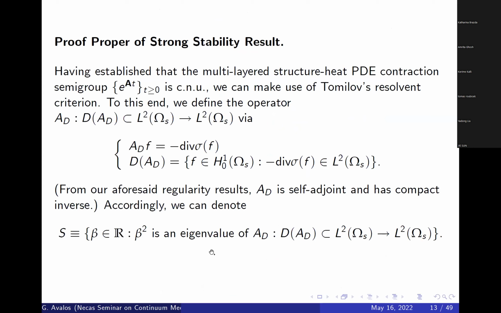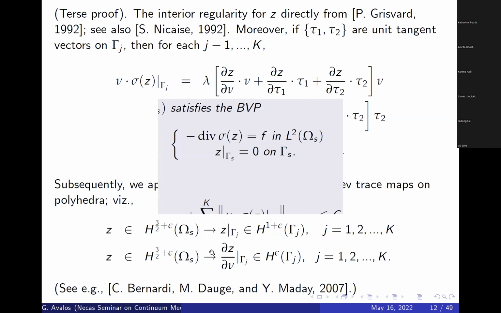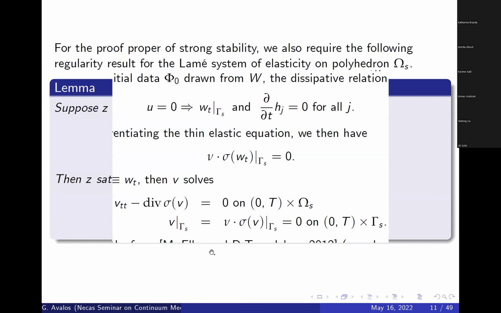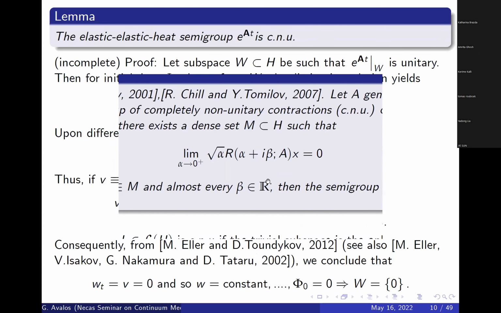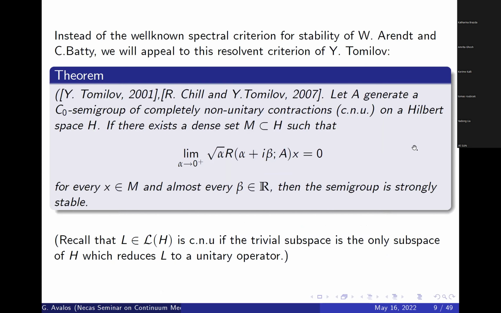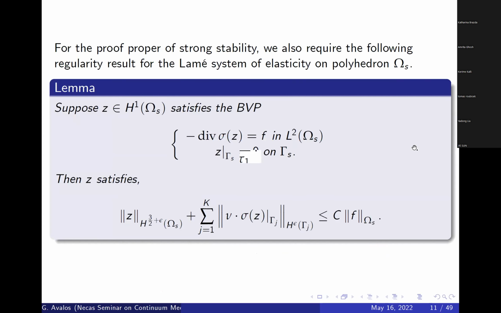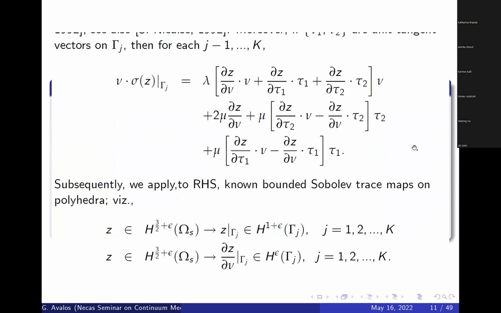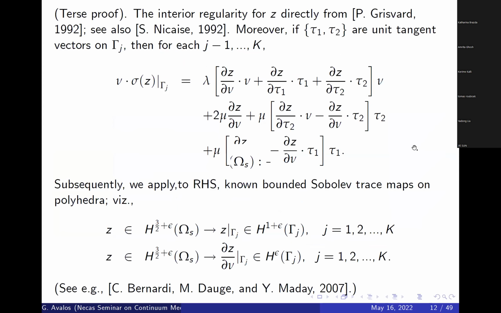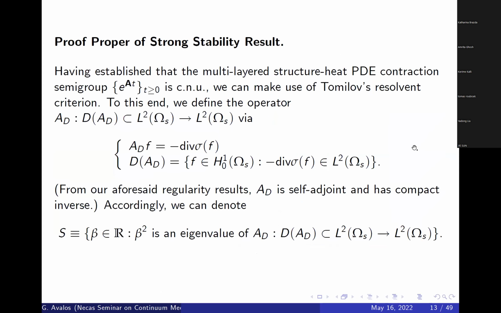So with that in mind, we're in position to try to use Tomilov's resolvent criterion. Recall, one has to establish this strong limit most of the time. And here we need this fine print, most of the time, because you can't establish it all of the time from what I see, but most of the time is good enough.